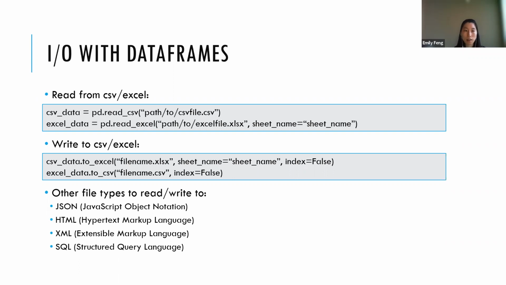Here I will focus on CSV and Excel files because that is pretty common. The syntax to read from a file is just pd.read and then the file type. So here I have pd.read_csv, and then in brackets you provide the path to the file.